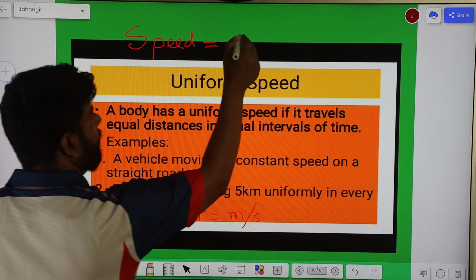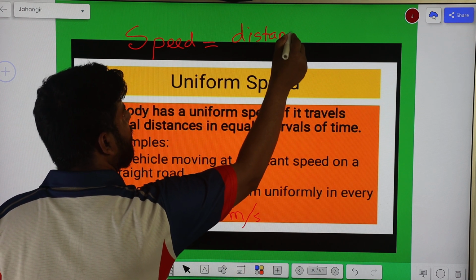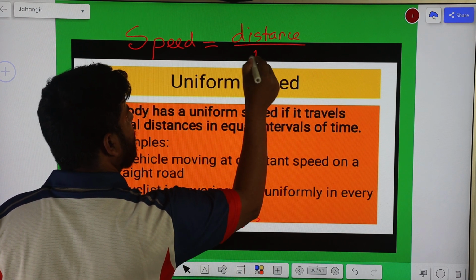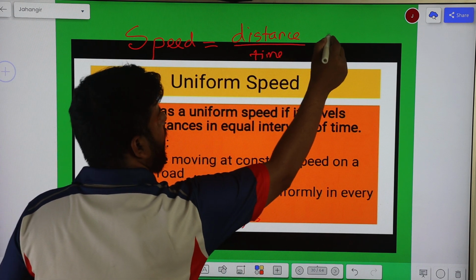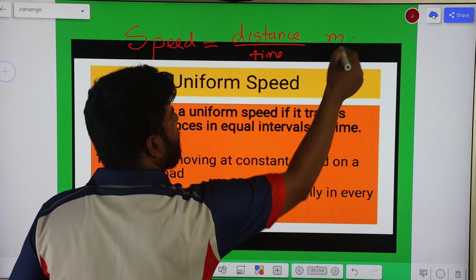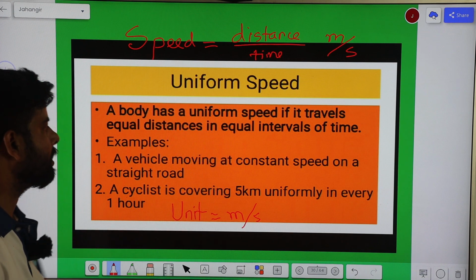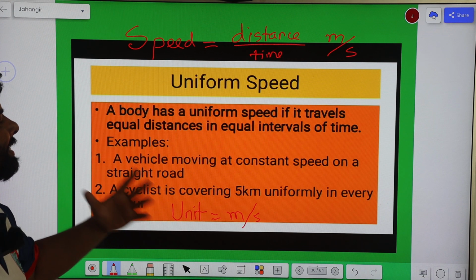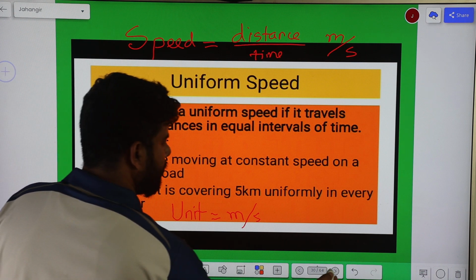The unit of distance is meter and the unit of time is second, so meter per second. Remember, speed is a scalar quantity because it is the rate of change of distance. Distance is a scalar quantity, that's why speed is a scalar quantity.